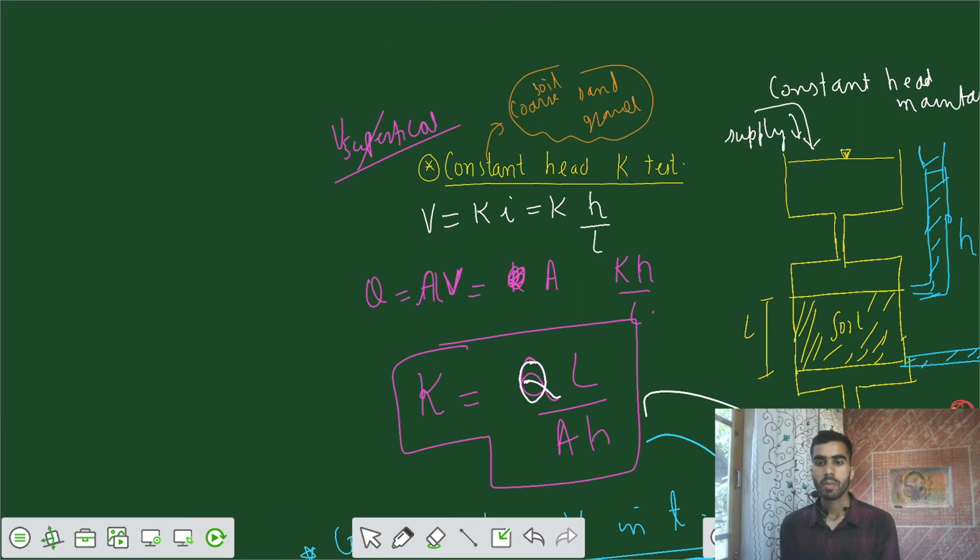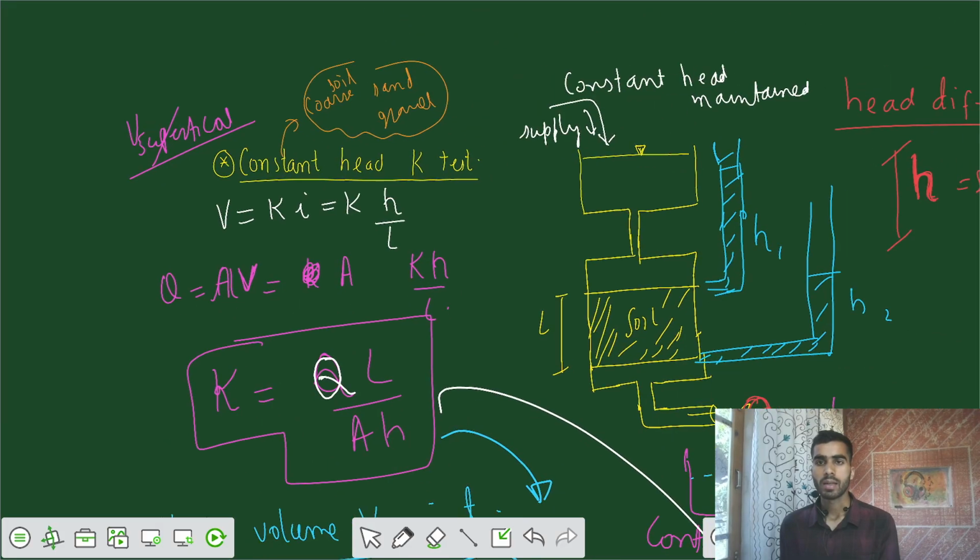If you don't maintain the constant supply, at time t equals 0 there was some level, and at time t equals 5 seconds the water level has decreased to some value. So it would be difficult to perform exact analysis. For those more pervious soils, I would prefer constant head, so I am performing the constant head permeability test.